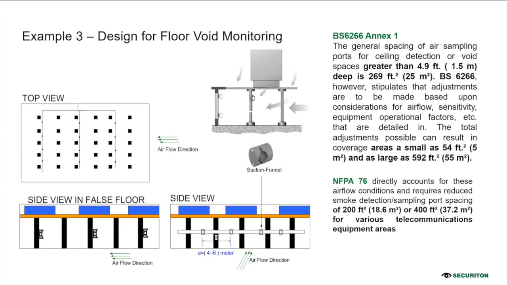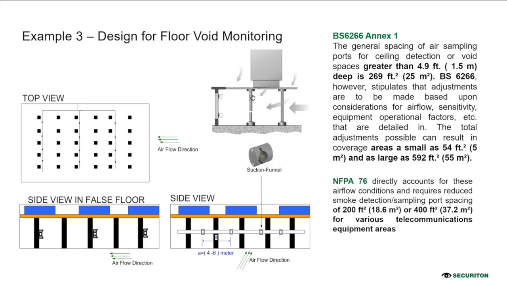So with that, I took information from BS 6266, whereby when you see air sampling in a greater speed of air circulation, the sampling units or the sampling holes have to be closer. It's from 1.5 up to 25 meters square.